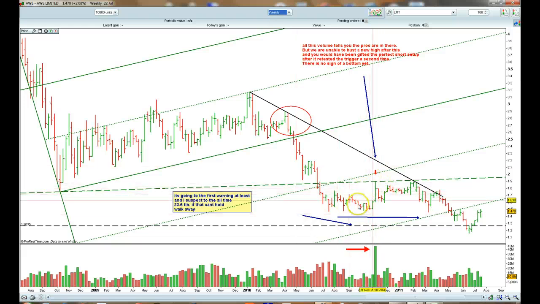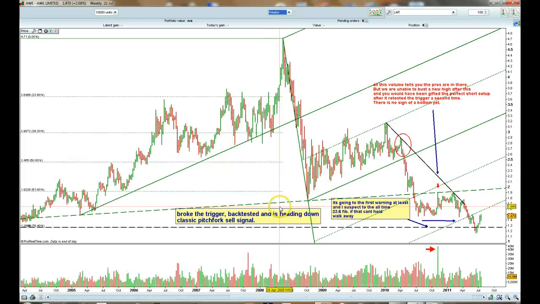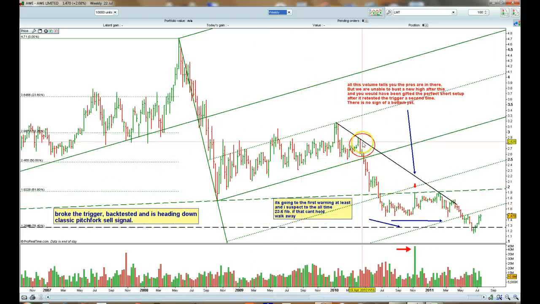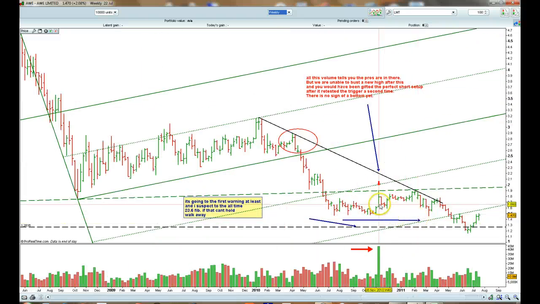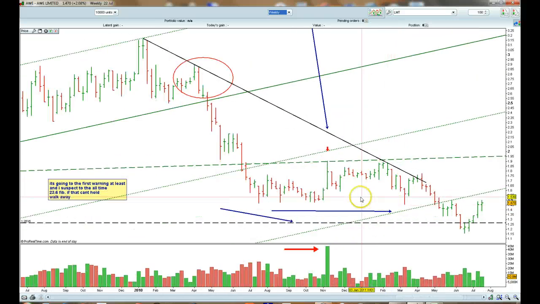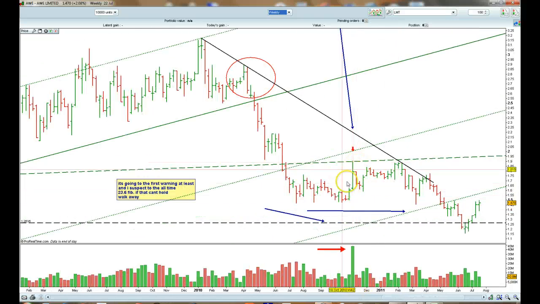Now it could be absorbing supply coming from the left, because you've got trapped buyers in there. But if that up bar was all buying, it couldn't close on its middle, and it couldn't close lower certainly. But still, we don't do anything on those. We wait and see what happens till it clears it.